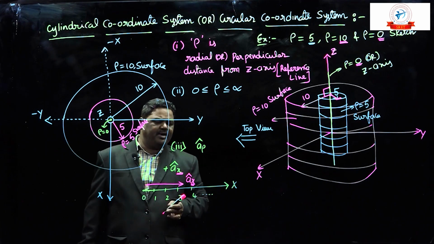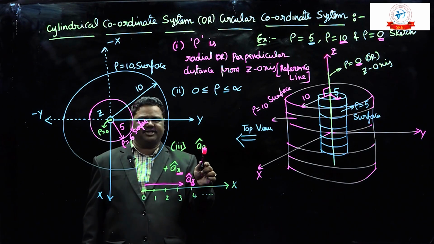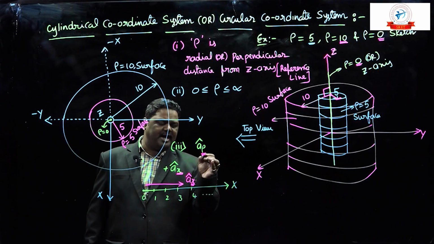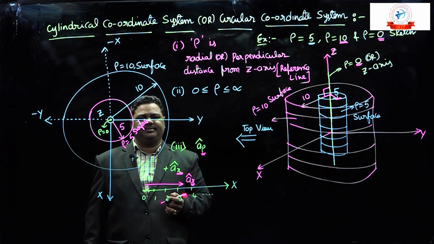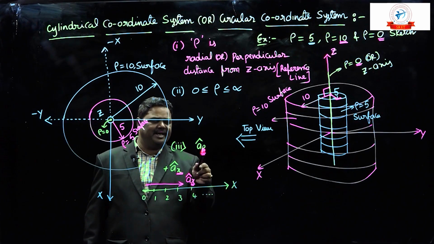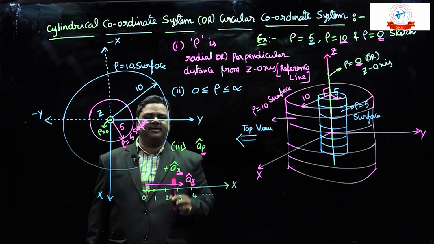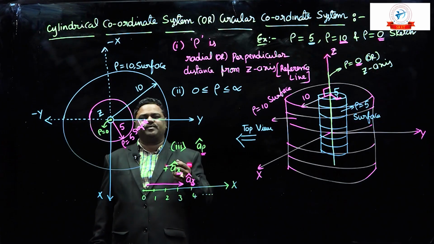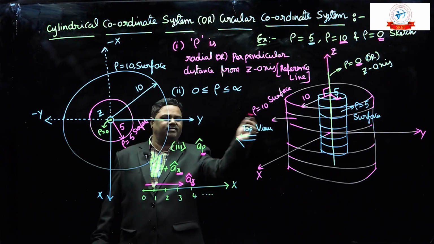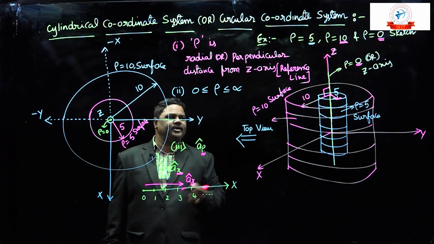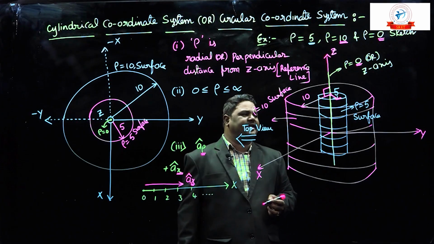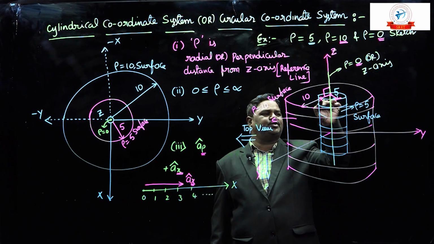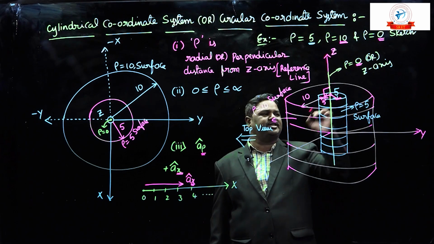Similarly, if you want to define the a-rho cap direction, I define it like this: a-rho cap is the increasing rho direction. A-rho cap shows the increasing rho direction. Now, we need to observe, when the rho value increases, which direction it shows. That you can observe in any one of these diagrams. Just observe here. Initially, the rho value is 0. When rho increases to 5, it is moving in this direction.